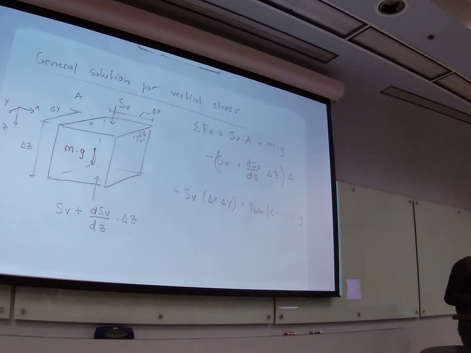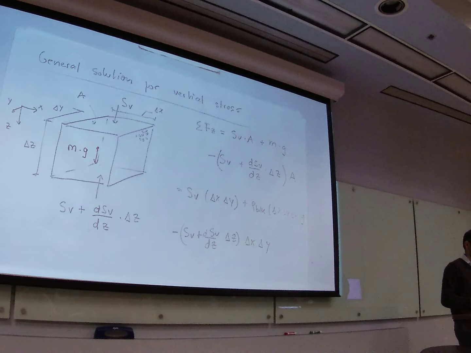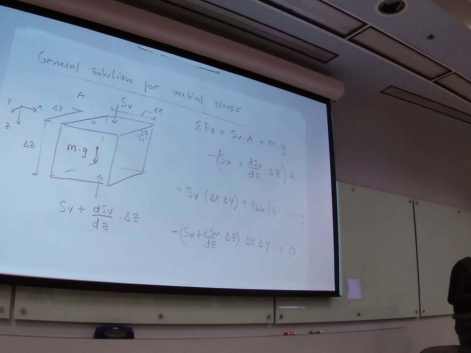Okay, there's a g, and now I have SV plus dSV/dz delta z times delta x delta y, and all of these, if this is not moving, has to be equal to 0, right?